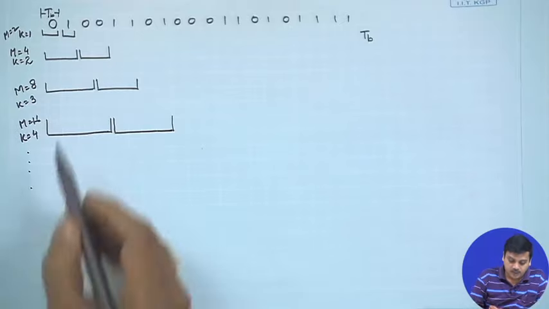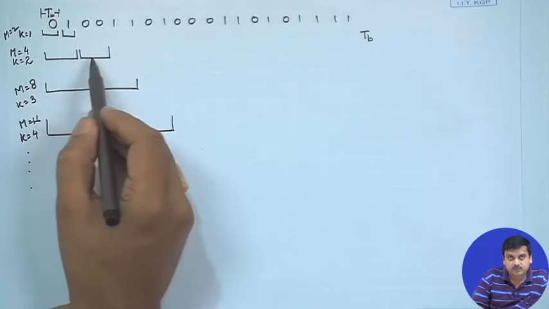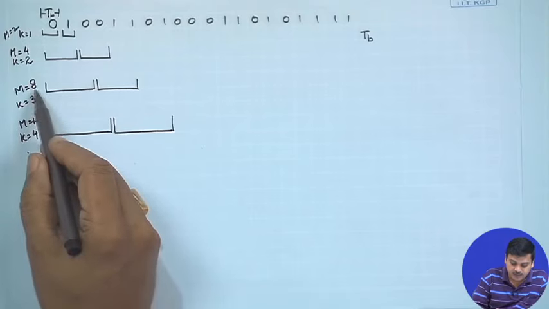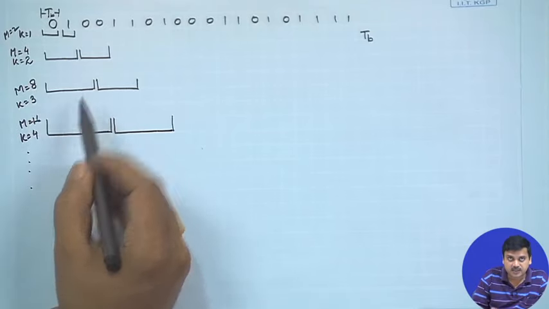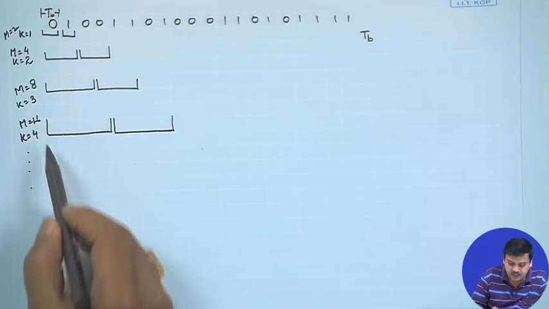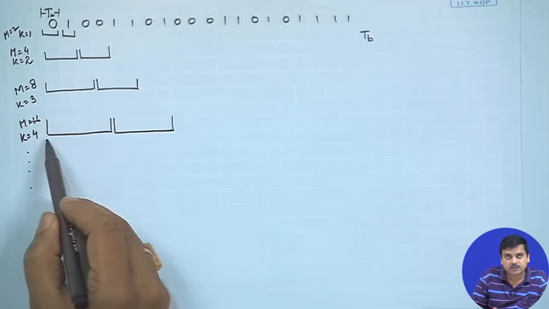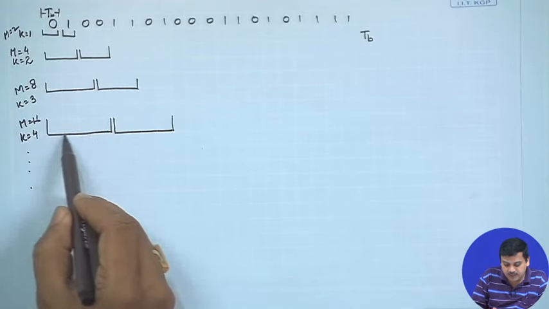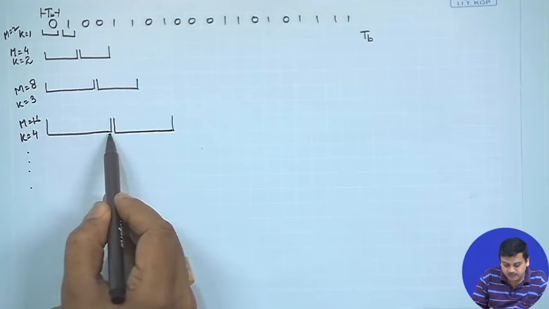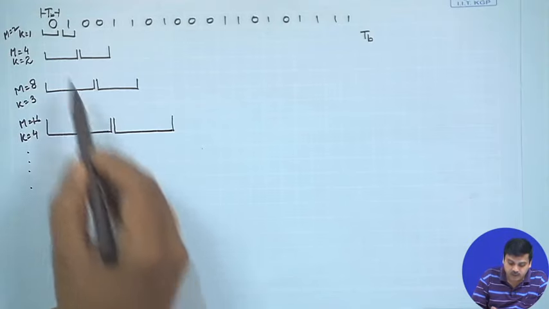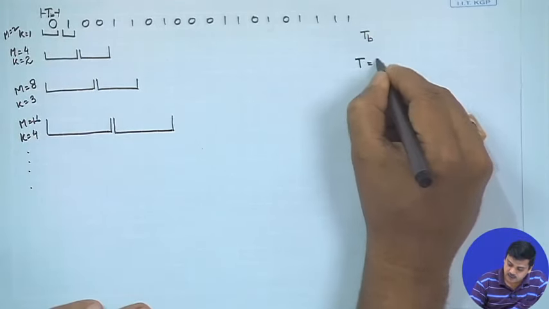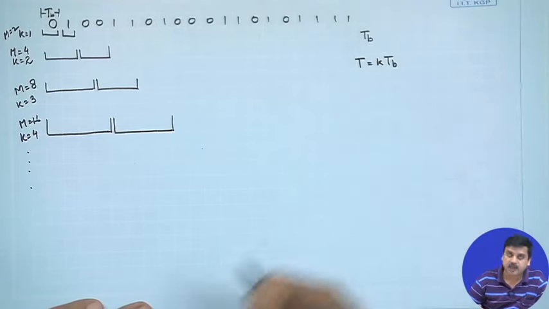Now, when you are using 4 level, your symbol duration is twice. When it is 8 level, your symbol duration is thrice. When it is 16 level, your symbol duration is 4 times. So, what has happened is the symbol duration has become larger compared to the earlier case. So, we have T is equal to k times TB.